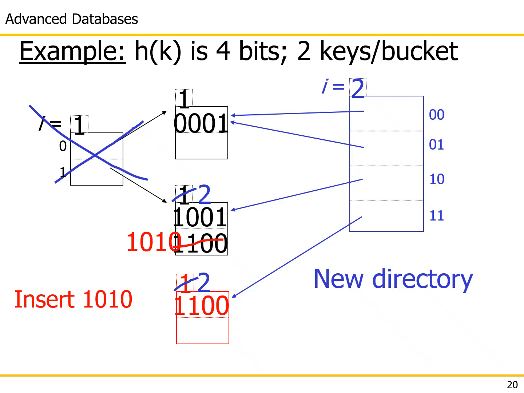So between 0, 0, 0, 1, 1, 0, and 1, 1, the leftmost bits are going to be different, and this is how we differentiate between the entries. And the more we differentiate between them, the faster the search will be, until we reach O(1) performance. Now, since I needed an arrow, I increased the size of the directory from 1 to 2, that's the I value.